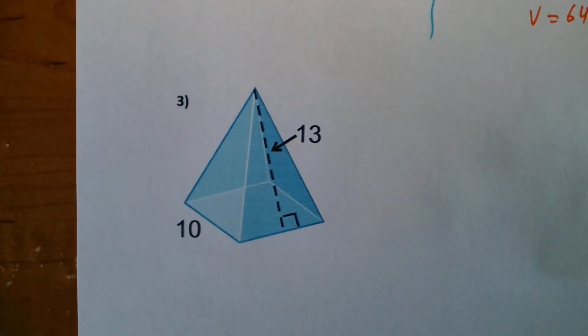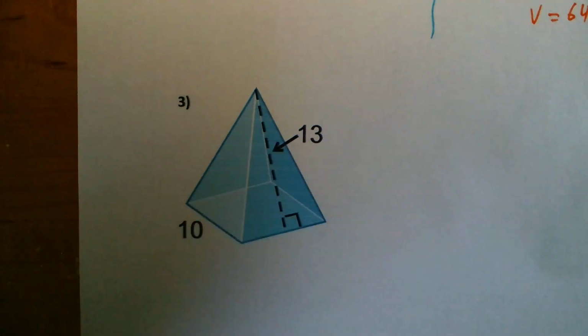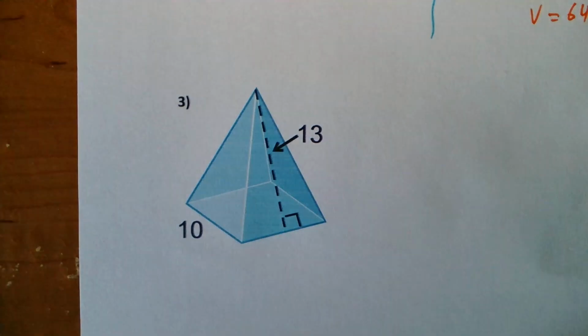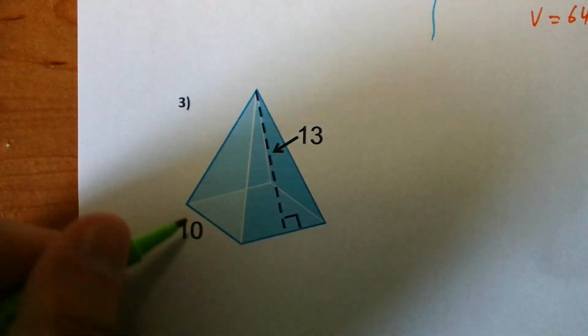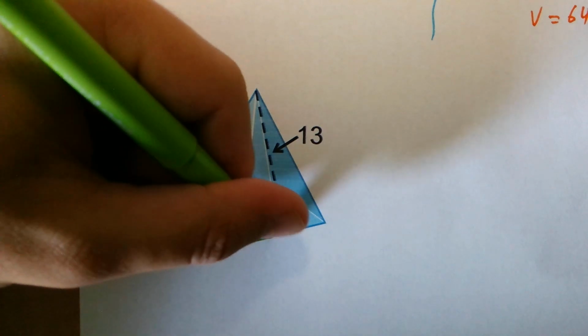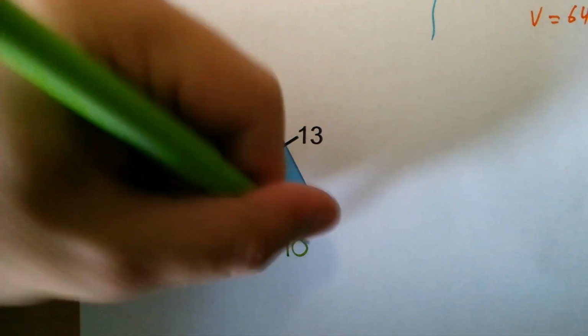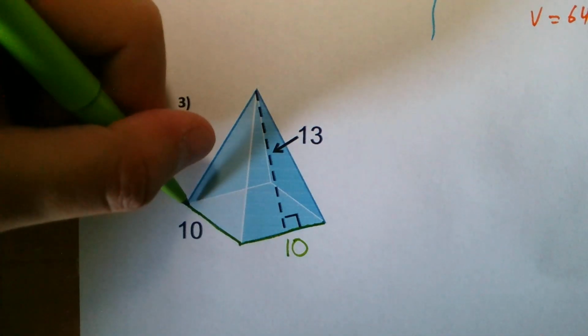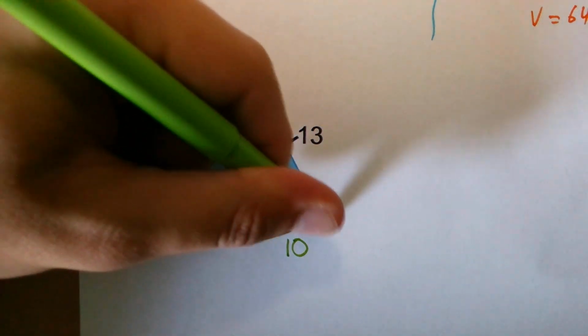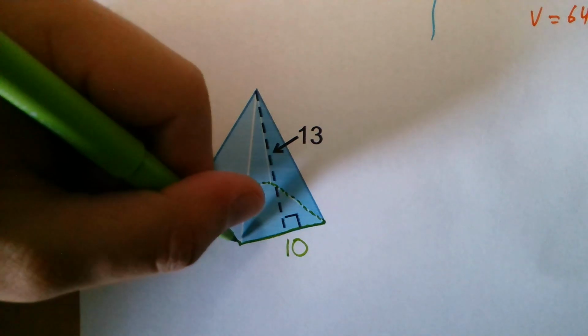So, here we have a square pyramid, and the problem does not explicitly tell us this, but for the sake of ease, we're going to assume that this 10-unit side is the same length as this side. So I'm going to put another 10 over here. That means that all of the sides that form the base of the pyramid are forming a square.